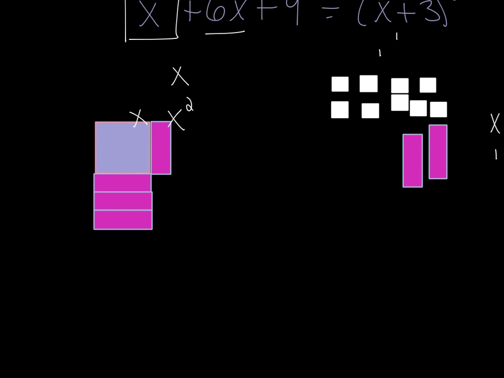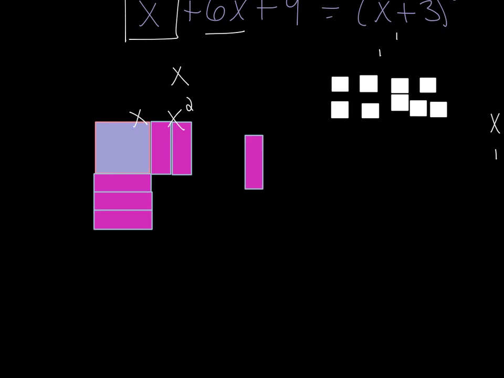There we go, we'll move that back later. 4, 5, 6, and then each one of these smaller pieces is 1.